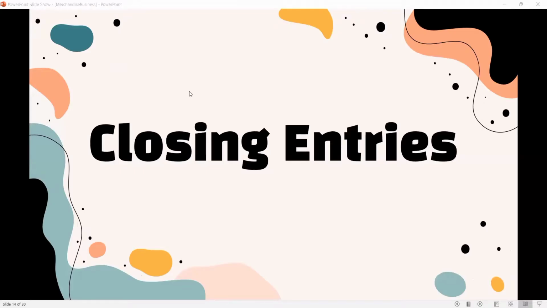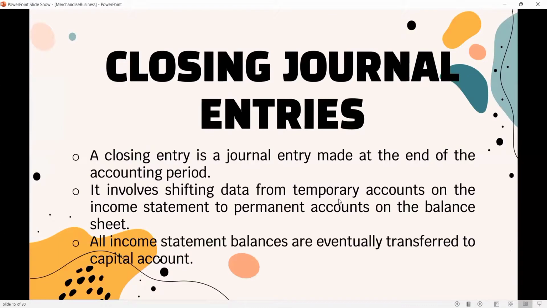Okay, so now we are on closing entries. A closing entry is a journal entry made at the end of the accounting period. It involves shifting data from temporary accounts on the income statement to permanent accounts on the balance sheet.